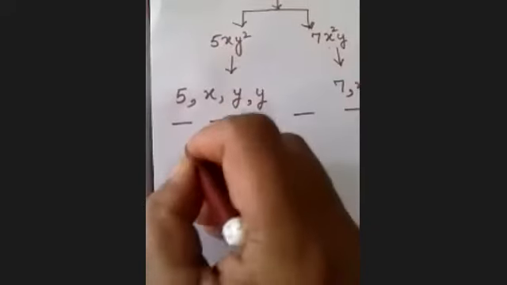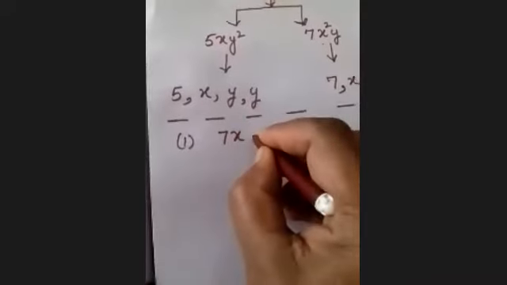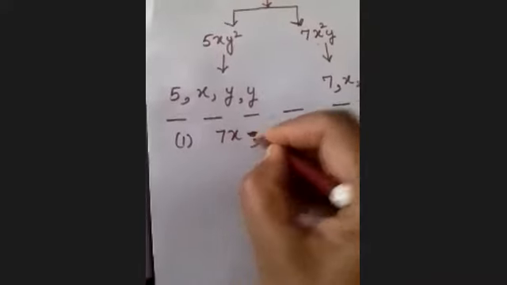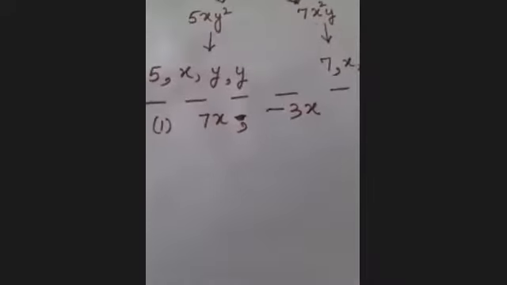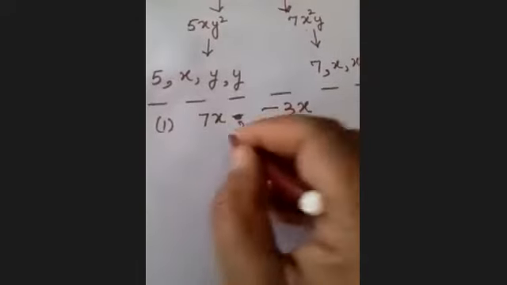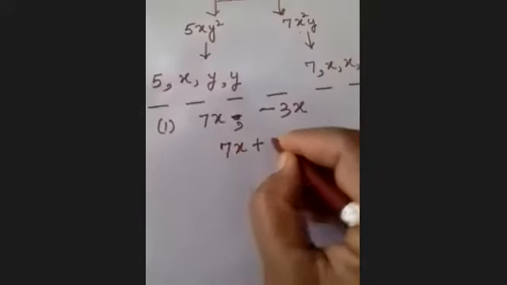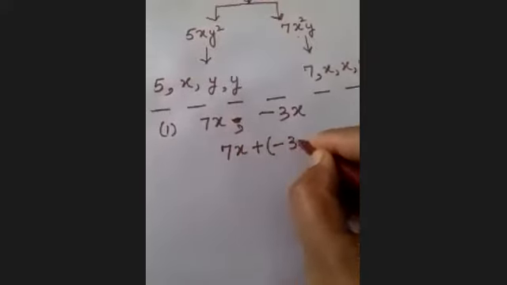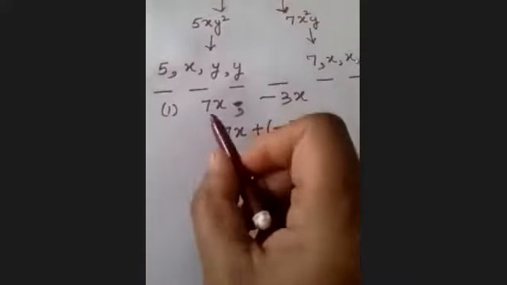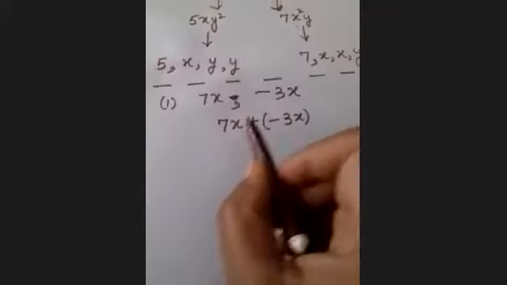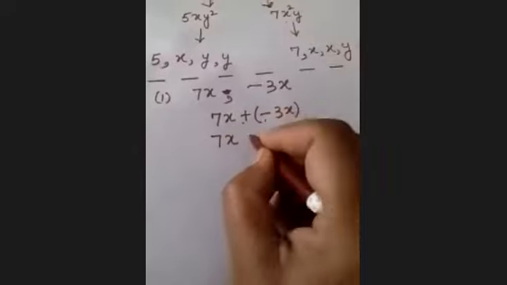For example, your first question is 7x and minus 3x. Now add these algebraic expressions. We have 7x plus minus 3x. These are like terms, so we can add. First 7x plus minus.